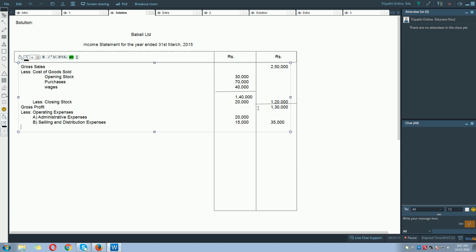So the total of this is 35,000. Now if you subtract this, you will get operating profit before interest. So operating profit before interest will be 95,000.